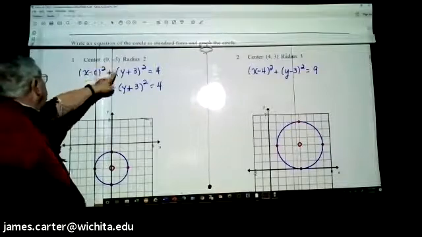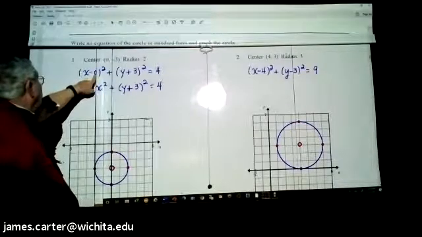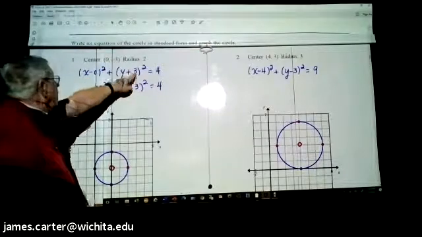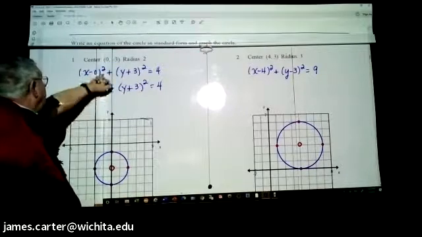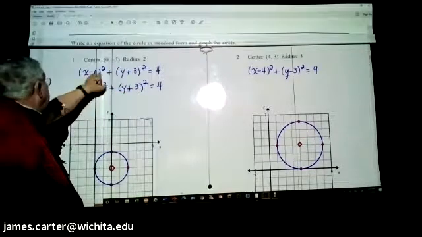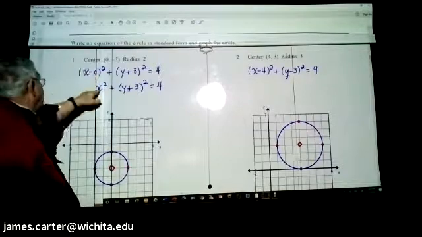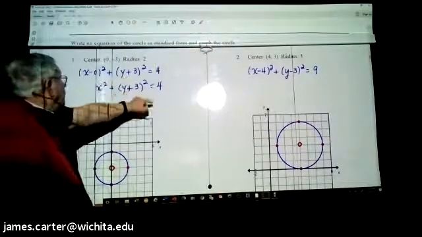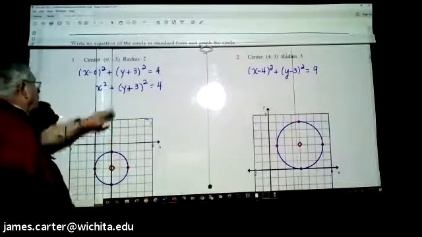So we take the center, put in the x value, put in minus a negative on the y value. We have the squares, and radius squared is 4. Simplify this, x minus 0 is just x, so x squared. Y plus 3 squared equals 4. So that's the equation.